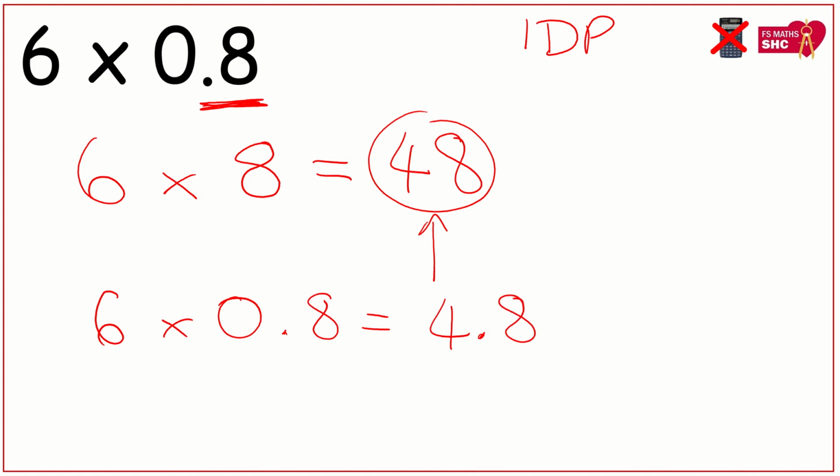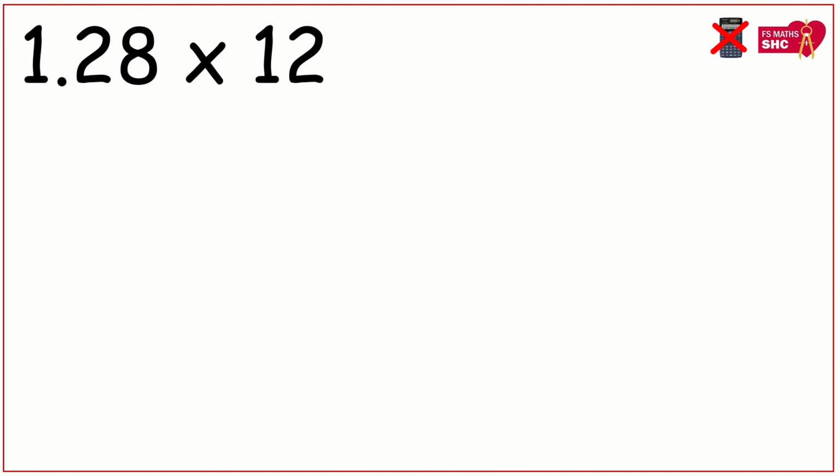Let's try one with more decimal places, and this involves us doing more in order to answer the question. So first of all, how many decimal places? Well, now we've got this 2 and this 8. So we've got 2 decimal places. I'm going to put that to one side over here.